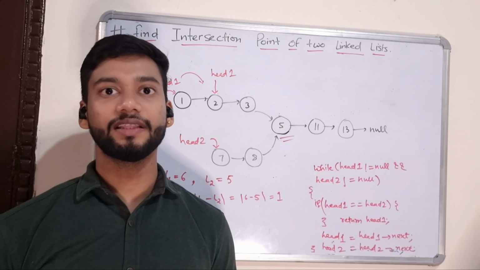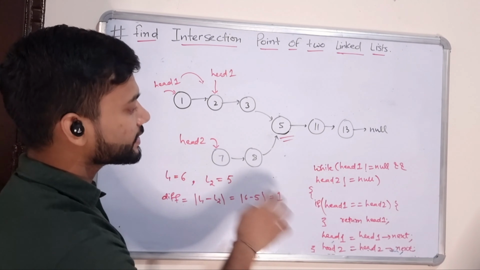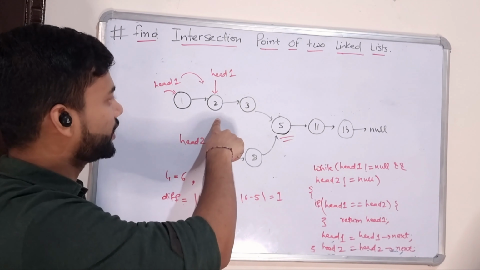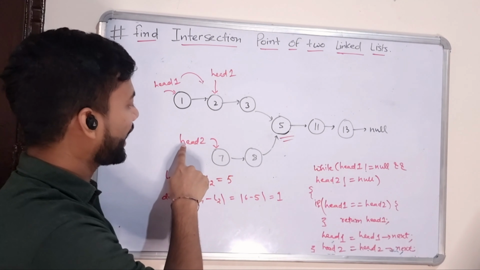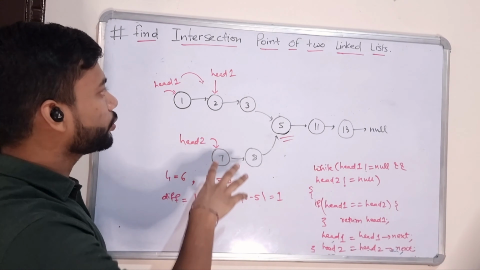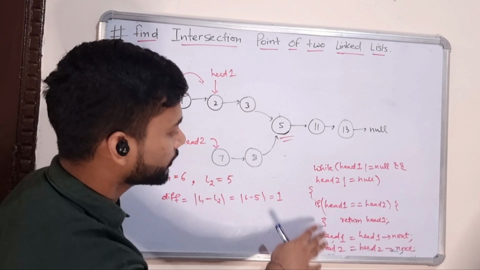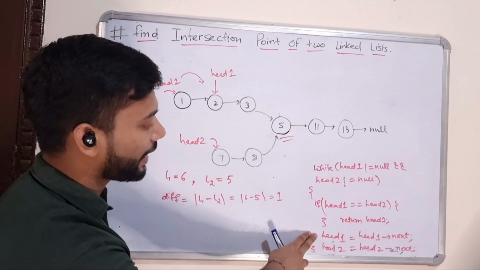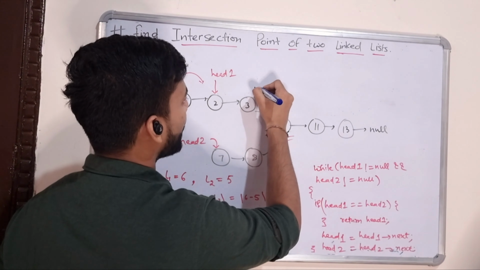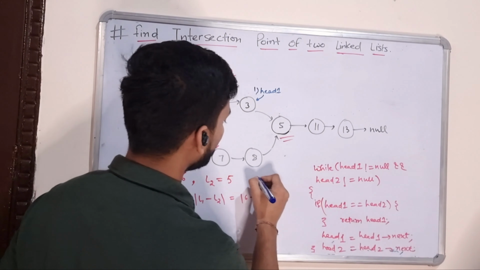Now let's try applying this logic on our example. First of all, we will compare: is head 1 equal to head 2? That is not true because head 1 is pointing to this node having value 2 and head 2 is pointing to this node having value 7. So these two heads are pointing to different nodes. So we will move head 1 by one step, and similarly head 2 will also move by one step. In the first iteration, head 1 will come here and head 2 will come here.